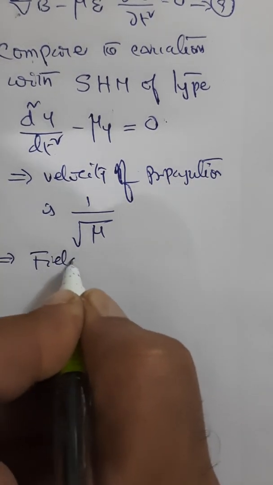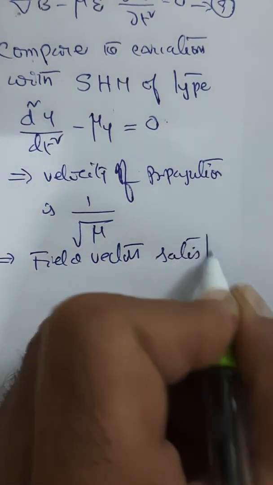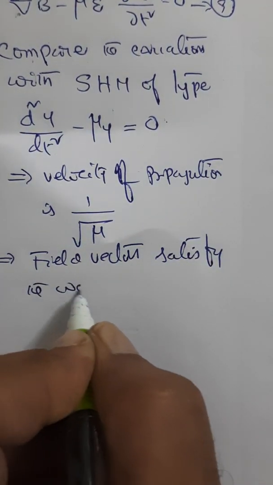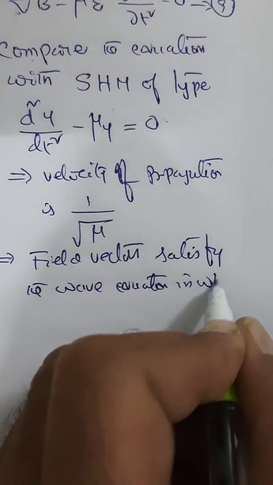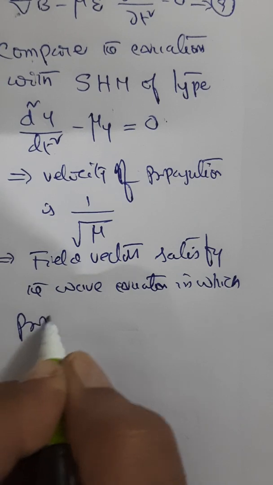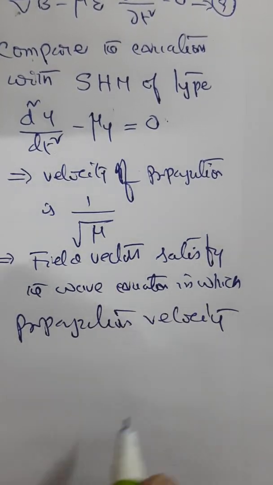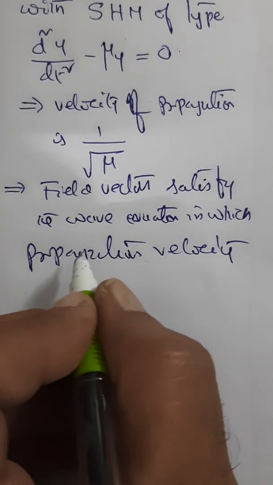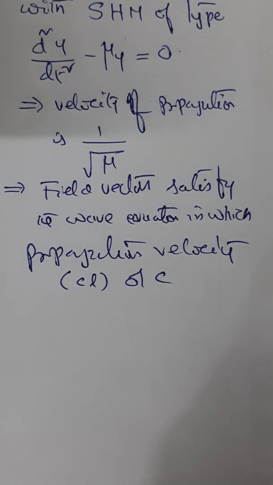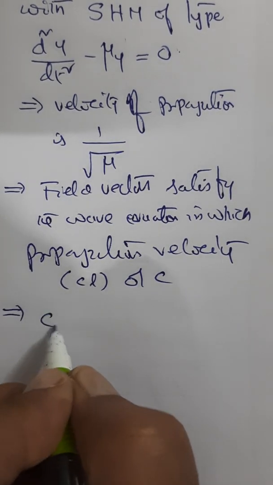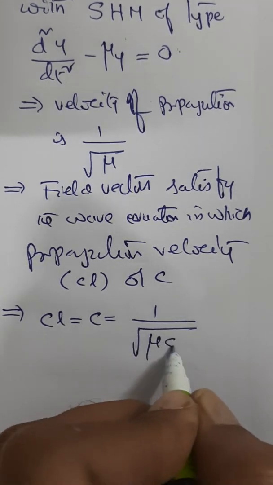That means these field vectors are satisfying the wave equation in which the propagation velocity, remember, is represented as C, and C is given as 1 by square root of mu epsilon naught.